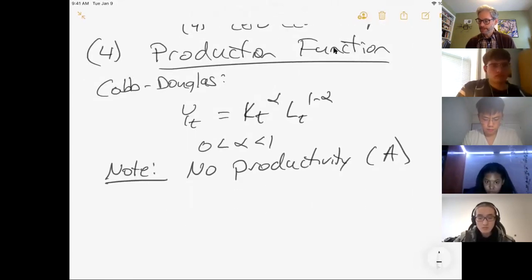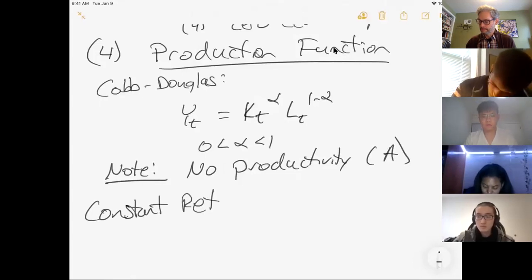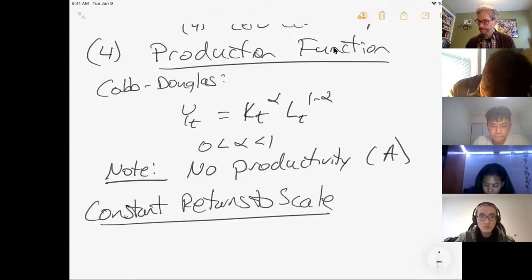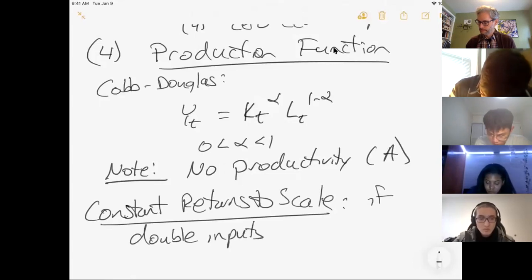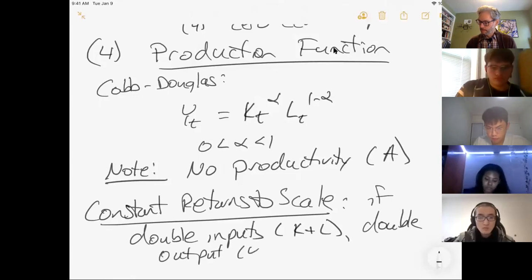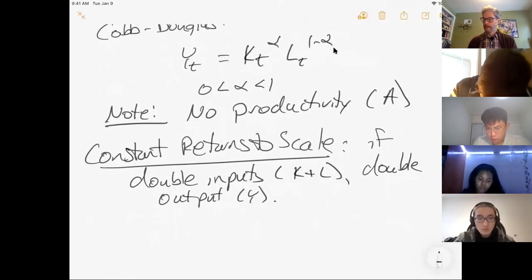This production function exhibits constant returns to scale. What does constant returns to scale mean?